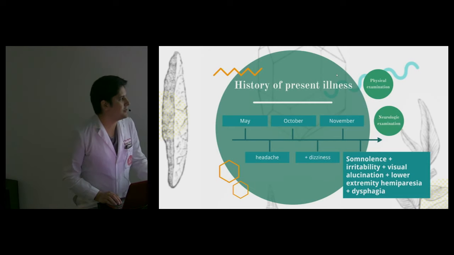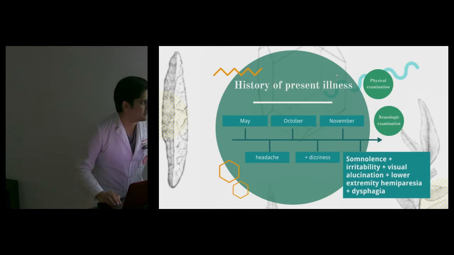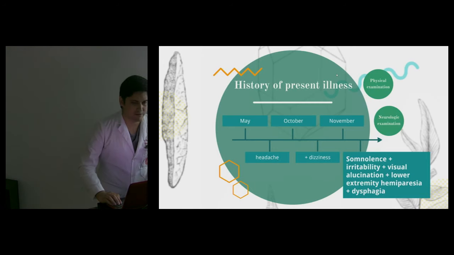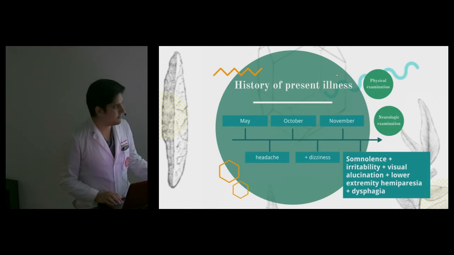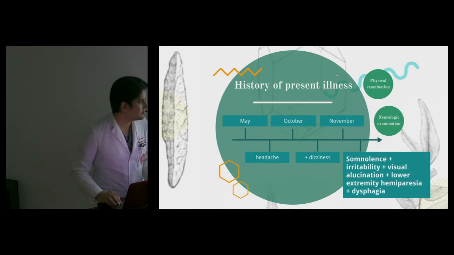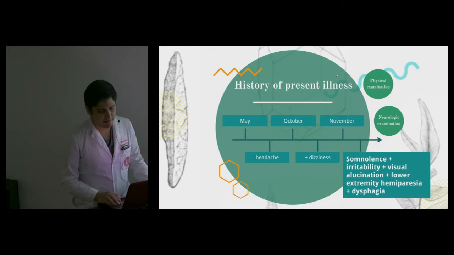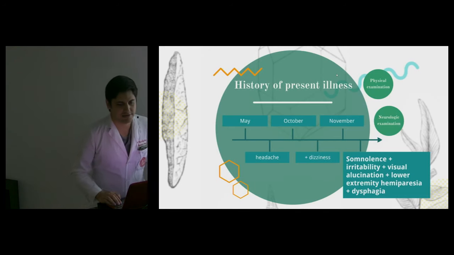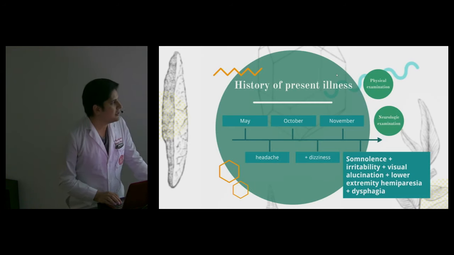About the history of the illness, he began his illness in May. He began to present with headache, mostly on the left hemicranium. The patient took a CT scan of the head.